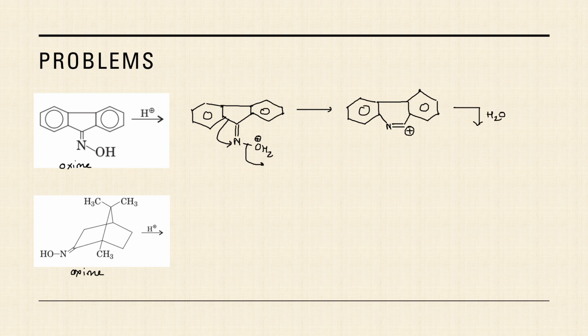And then if I treat it with H2O and I lose H plus, then I would be getting something like this. ठीक है. इसको हम बोलते हैं लैक्टम. लैक्टम्स आर साइक्लिक एमाइड्स.